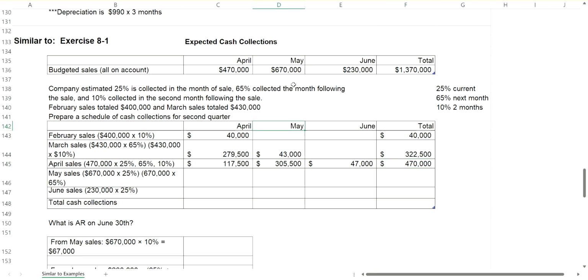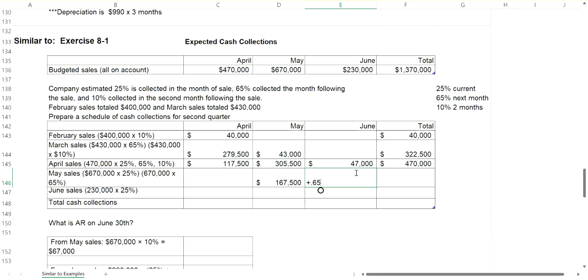Okay, now let's go on to May. May sales are 670. 25% will be collected in May of that 670, and 65% will be collected in June. The other 10% is collected in July, so I don't care about that. Okay, so let's start with 670,000 times 25% is collected in May itself, so that's 167,500.